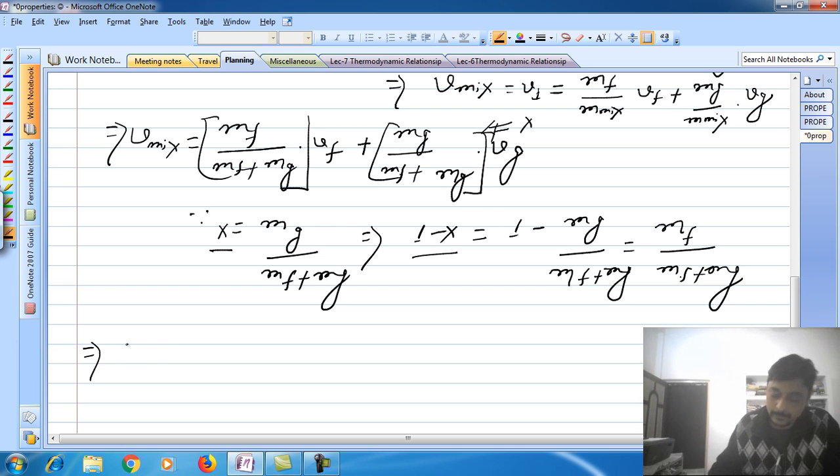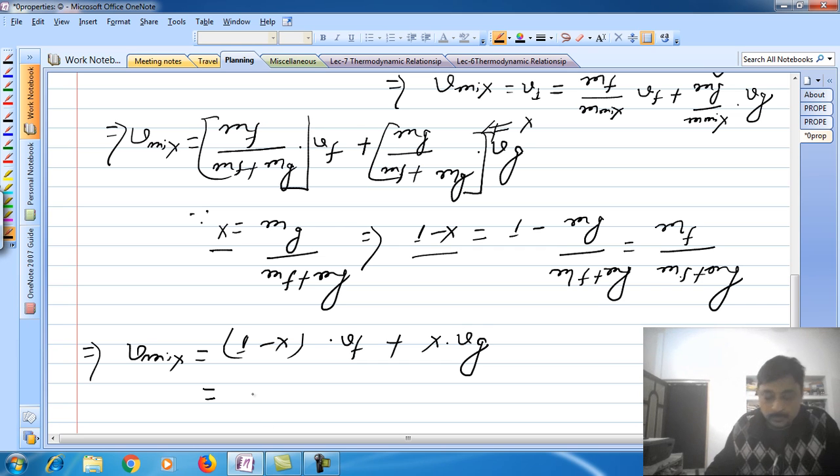So the specific volume of mixture is equal to 1 minus x into the specific volume of fluid plus x into the specific volume of vapor.